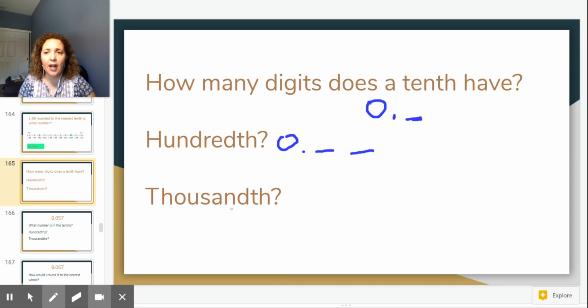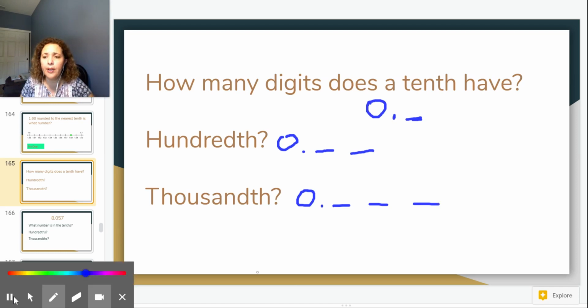How many digits in the thousandths? If you said 3, that is correct, because it's a decimal. Then we go tenths, hundredths, thousandths. Remember, decimal, tenths, hundredths, thousandths. Okay, that's going to help us when we begin our rounding.